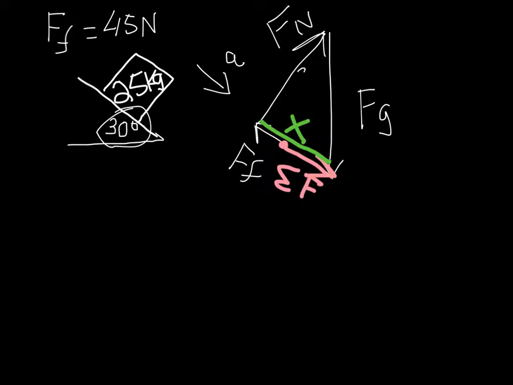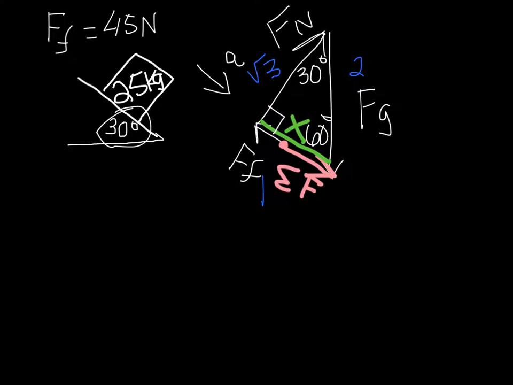And so we'll just make that 30, that makes this 60, that makes this 90. And so the ratio of the sides is 1 to square root of 3.